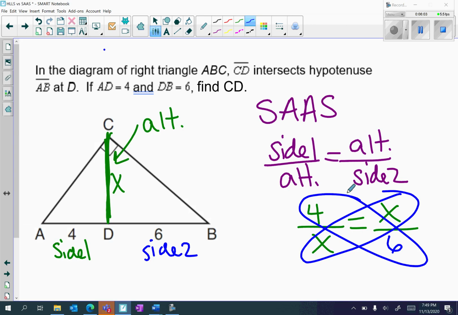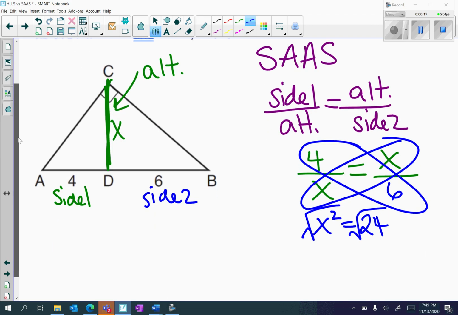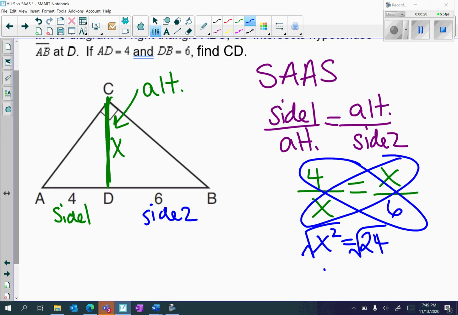Let's cross multiply. X times x is x squared. 4 times 6 is 24. Take the square root of both sides. X is equal to radical 24.